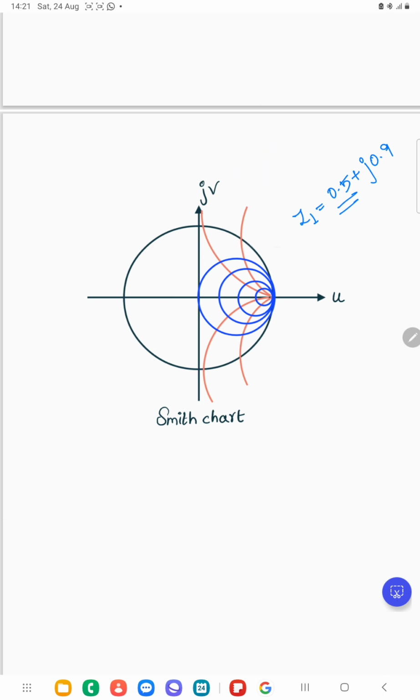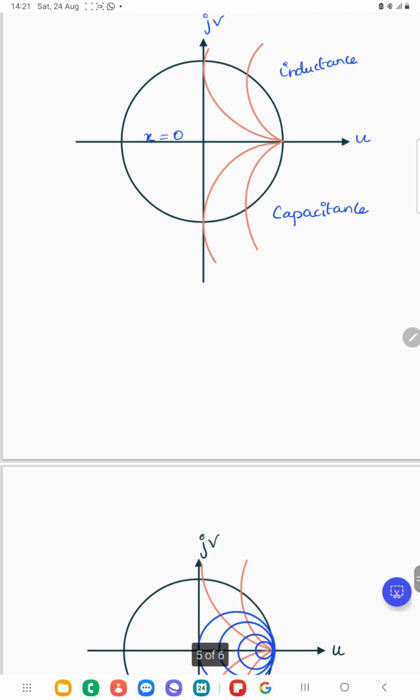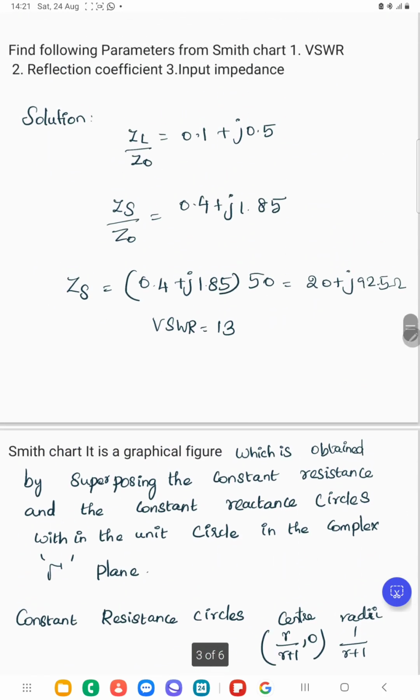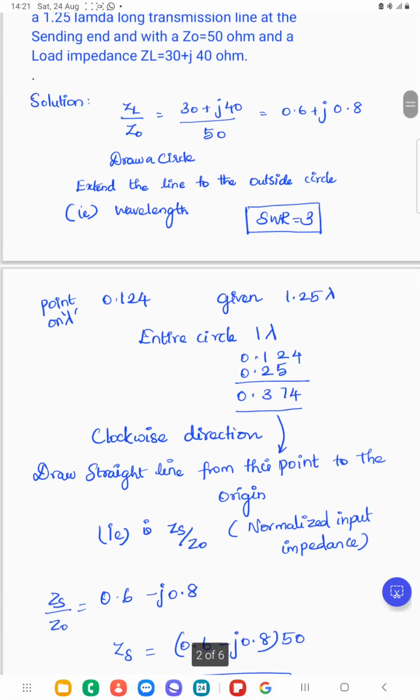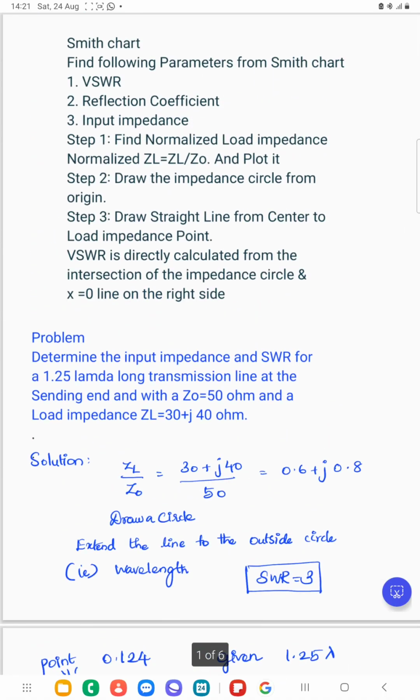So what are the steps while doing the problems? We should find the following parameters using the Smith chart: VSWR, reflection coefficient, input impedance. Step 1 is to find the normalized load impedance, which is ZL divided by Z0, and plot that point on the Smith chart.